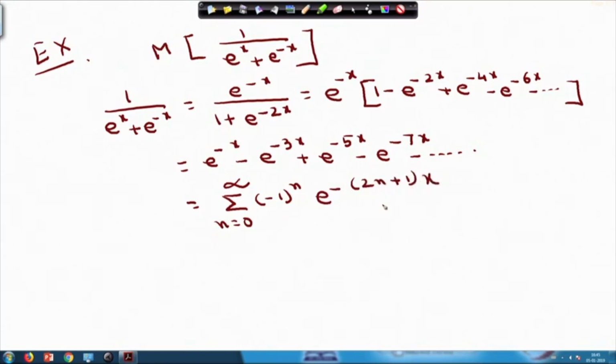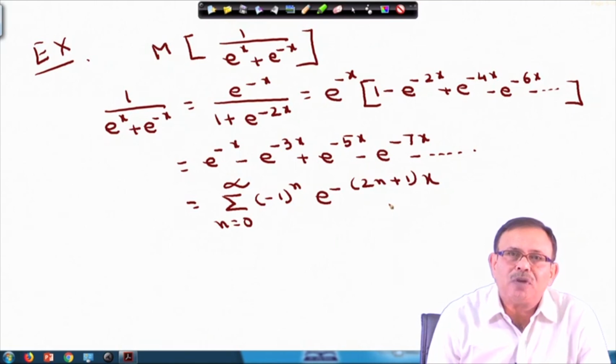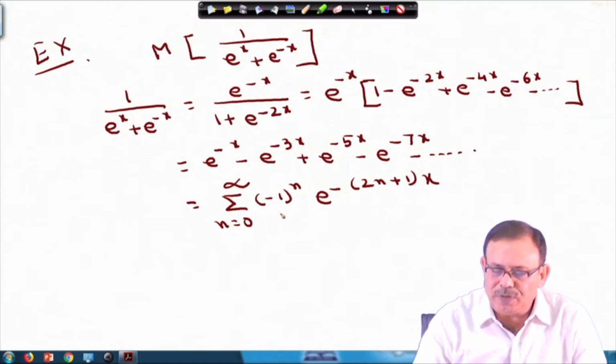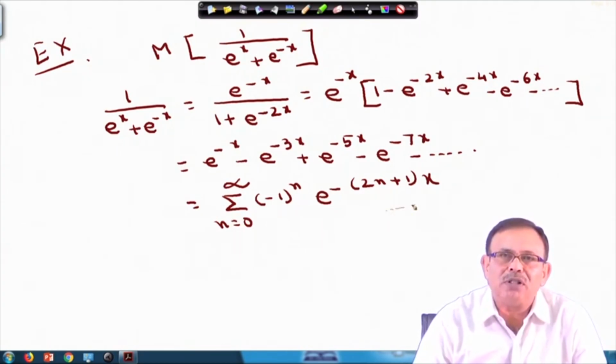So, if you see, whenever n is equal to 0, you get the first term, minus 1 to the power 0, that is 1, e power minus x. Whenever n is 1, this sign will be minus, and this will be e power minus 2 plus 1, that is 3 x.